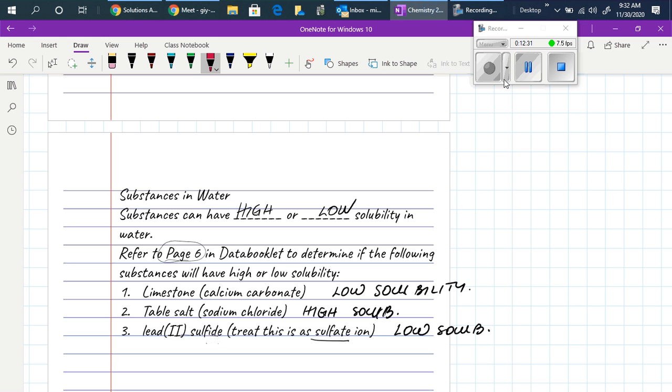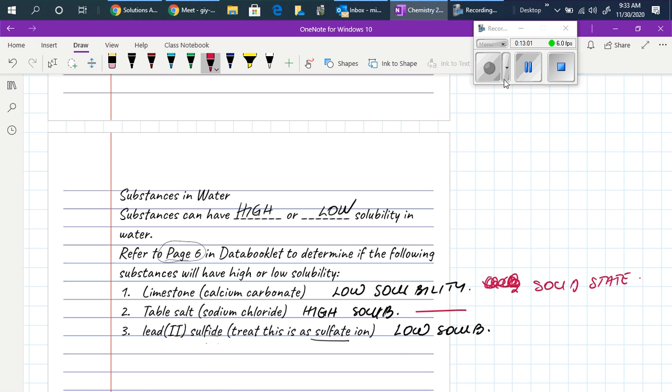Now, what does that mean in terms of, okay, it's a low solubility, a high solubility? That means that calcium carbonate, limestone, will be a solid state of matter.